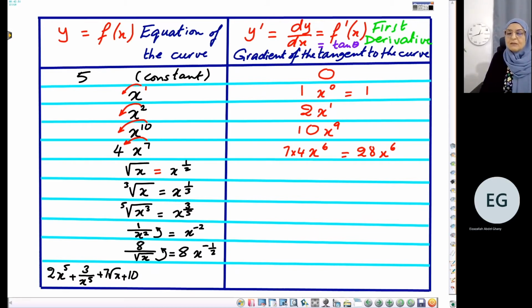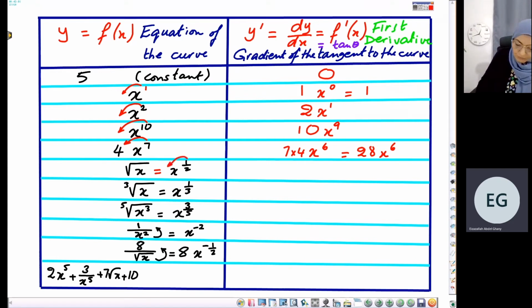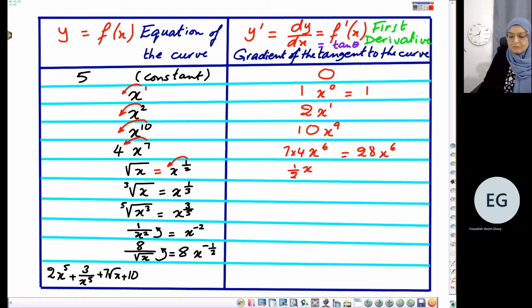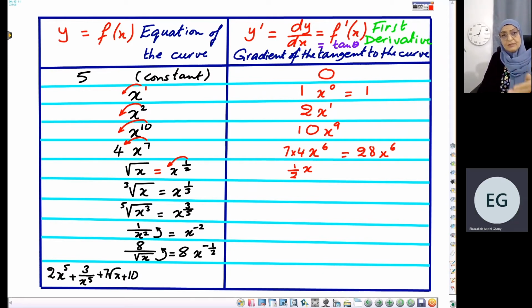Okay? Now let's start differentiation. Power goes down, decreases by 1. The power half will go down. It will be half x to the power of, decreased by 1. Half minus 1 is -half.